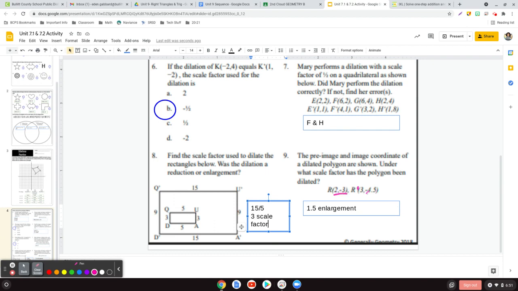We have 2, -3 and 3, -4.5. So what do we have to do to 2 to get it to 3? Well, we multiply it by 1.5. Same thing with -3 to get to -4.5. Do these numbers get bigger from the original image to the image? Yes, they do. So it is an enlargement.